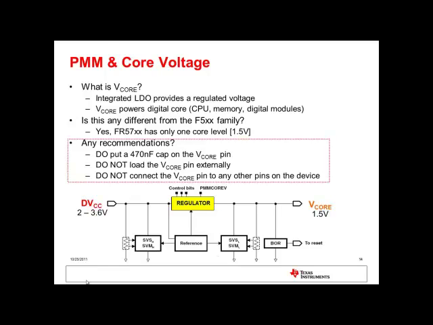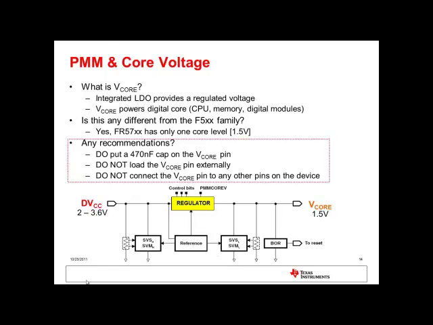The PMM uses an integrated low dropout voltage regulator to produce V-core from DVCC. In general, V-core supplies the CPU, memories, both flash and RAM, digital modules, while DVCC supplies the IOs and all analog modules, including the oscillators.